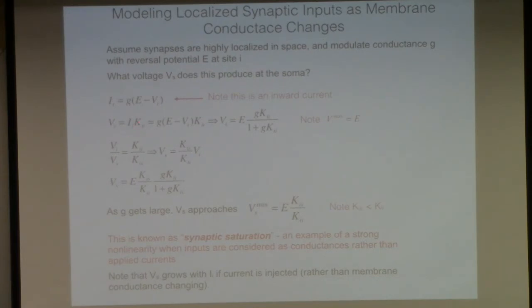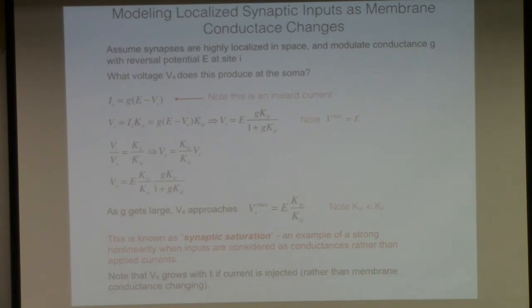So remember, I previously said K sub ij are transfer resistances, meaning they are the relationship between current and voltage when current is applied at location i and we want to compute voltage generated at location j. Well, here the subscripts are both i.